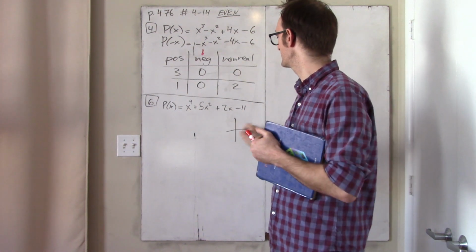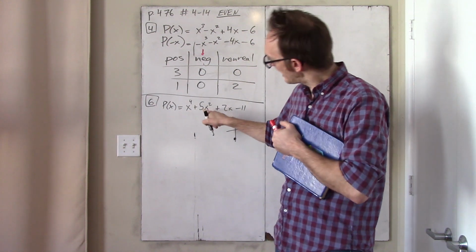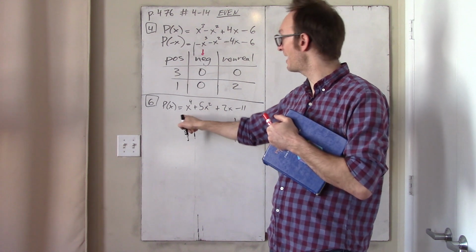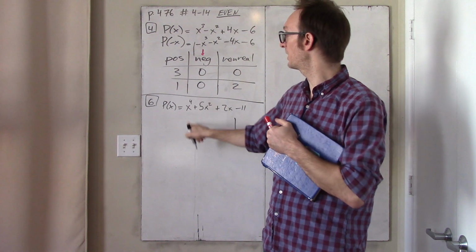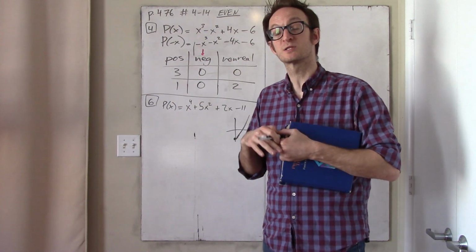And that fundamental level is, here I am down here in negative 11. Each term is contributing positively. So the 2x is going to bring me up, the 5x squared is going to bring me up even more, and the x to the 4th is going to bring me up even more. So the fact that I skipped x cubed is just completely irrelevant.